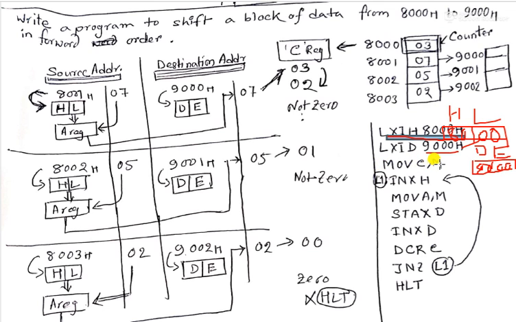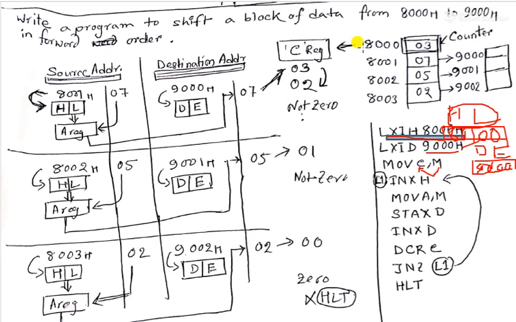That means the content of M will move to C register. The content of M, I told before in my class that M always indicates the HL register pair. Okay. So what is the content of HL pair? 8000, and the content of the HL pair is treated as an address.